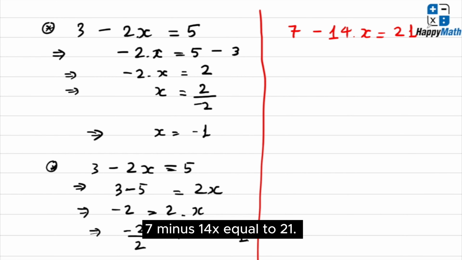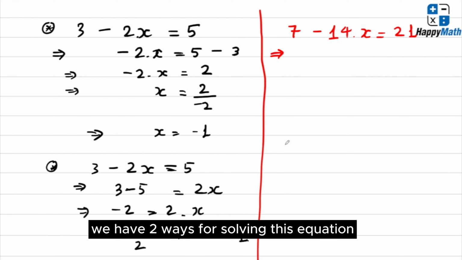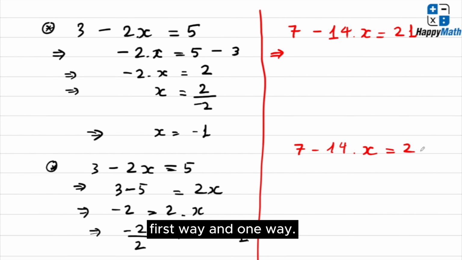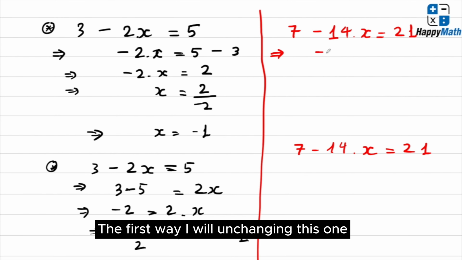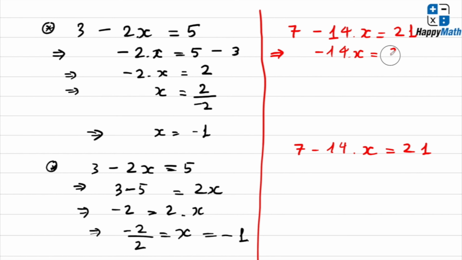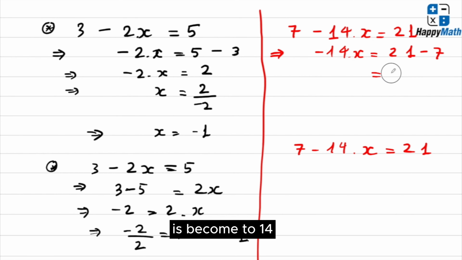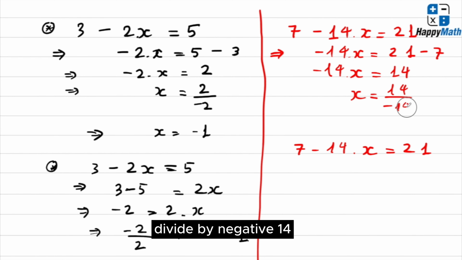7 minus 14x equals 21. And of course we have two ways for solving this equation. The first way, I will leave this one unchanged, and then I move 7 from left to right, and it becomes 14. Here it is minus 14x, so x equals 14 divided by negative 14, which equals negative 1.